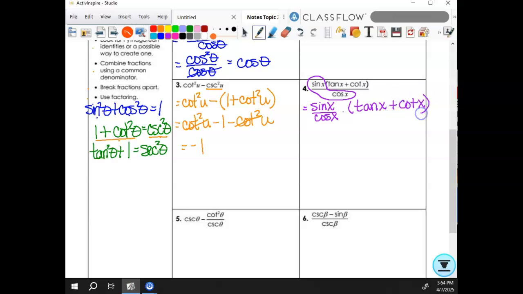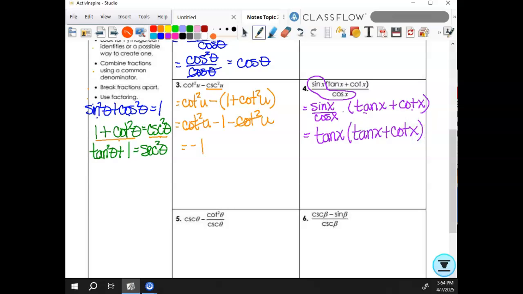Okay, so basically I'm just kind of taking that fraction apart. And if I put all this over 1 and multiply this back, that's what I would get back. All right, so since this is in terms of tangent and cotangent, I can make this into tangent. Sine over cosine is tangent x. I'm going to multiply it by tangent x plus cotangent x.